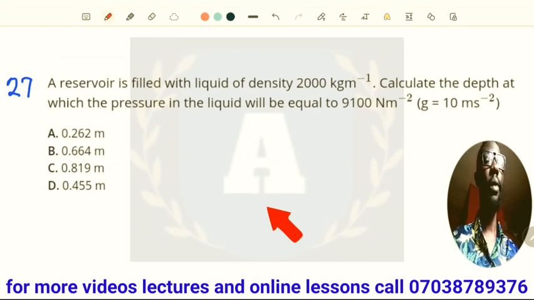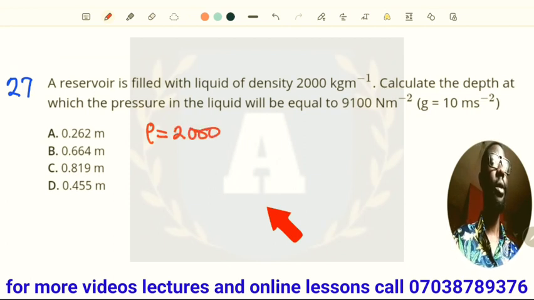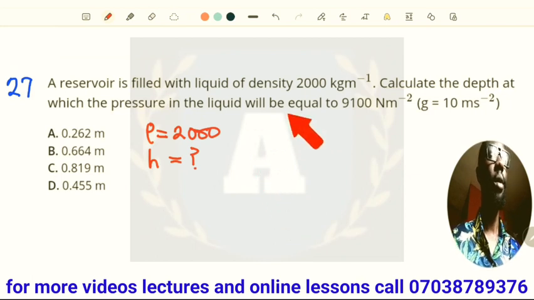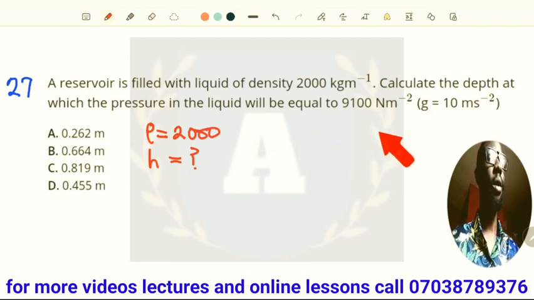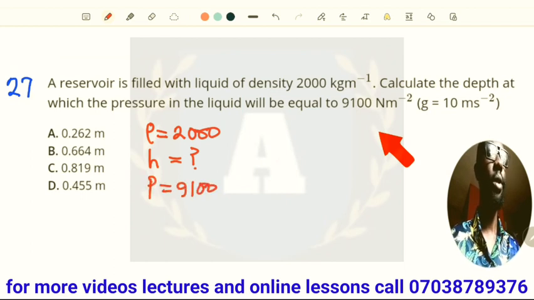Now we have this next question, and what does it say? A reservoir is filled with a liquid of density 2000 kilogram per meter cubed. We have to calculate the depth at which the pressure in the liquid will be equal to 9,100.